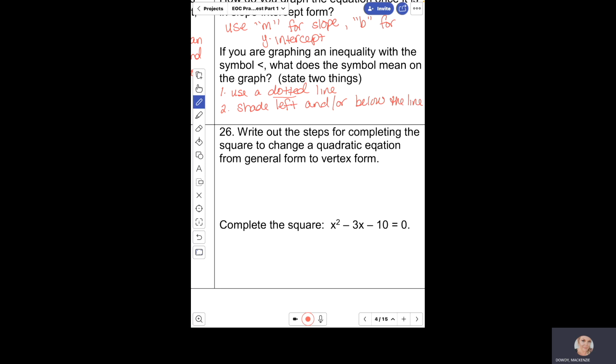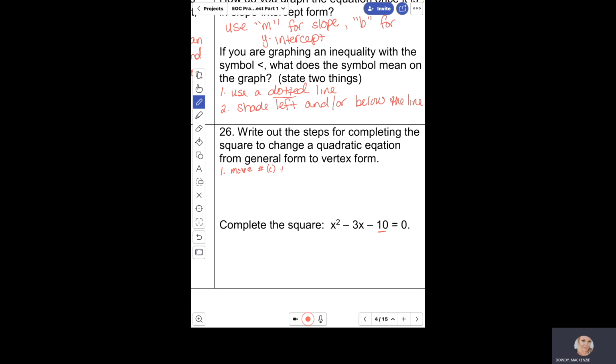So step number 1, move the number, and when I say the number, I mean the number that's there for the value of C. In this case, it's -10, but we're going to change that in just a second.